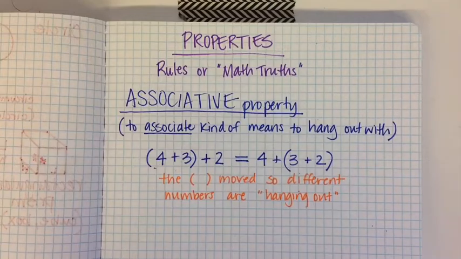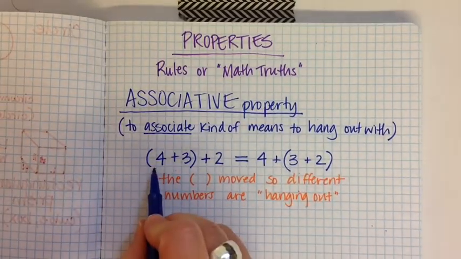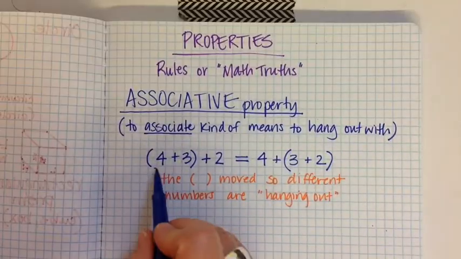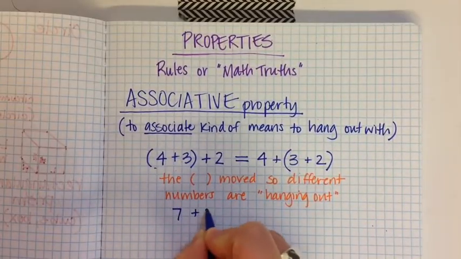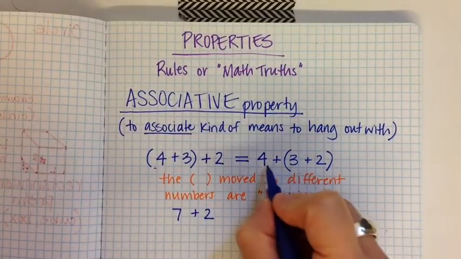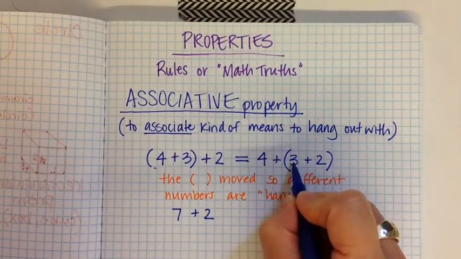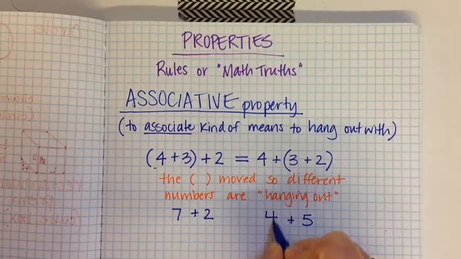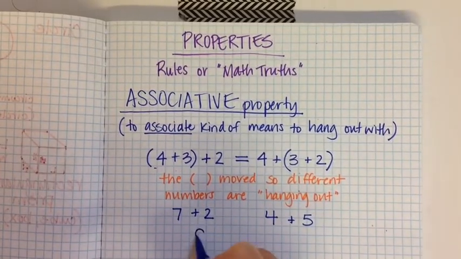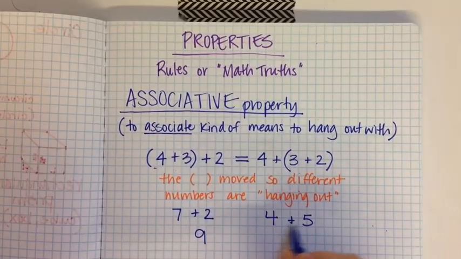So now let's solve that and show that it really is in fact equal. Based on order of operations, I would do the parentheses first. So 4 plus 3 will give me 7 plus 2. And over here, I would do the parentheses first, so I would get 5. 3 plus 2 is 5, plus 4. And 9 is 7 plus 2, and 9 is 4 plus 5.